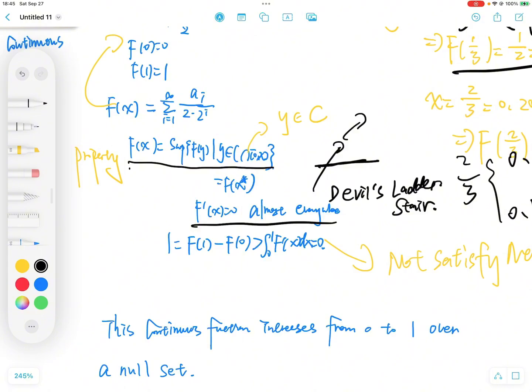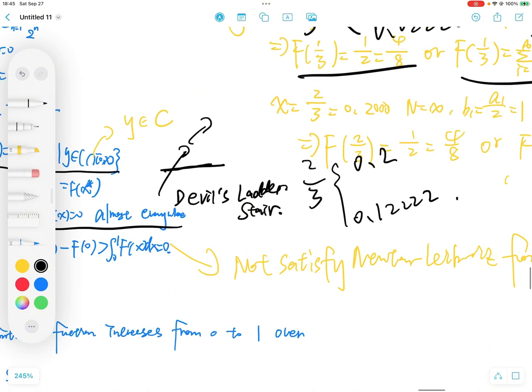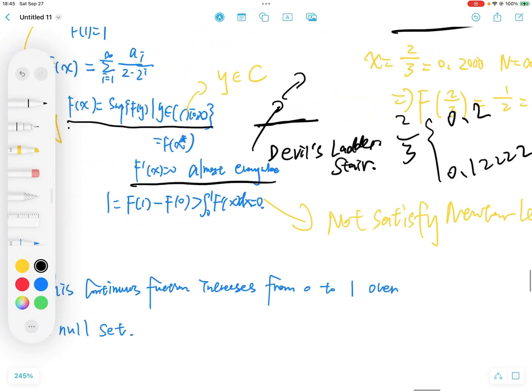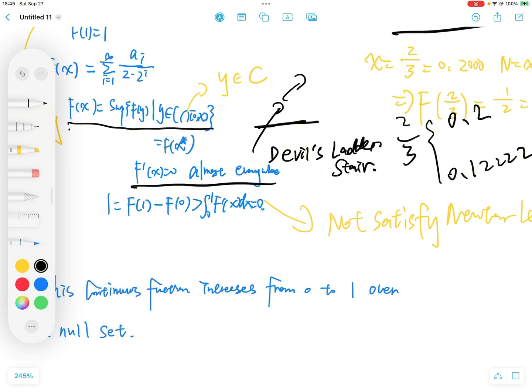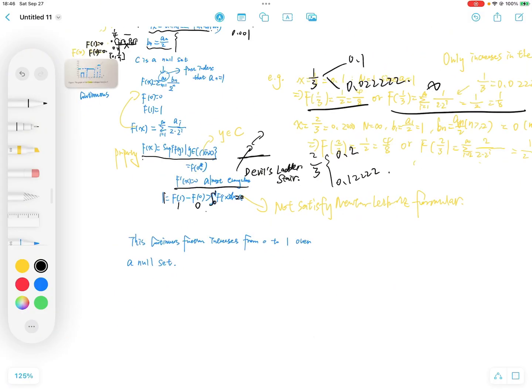Furthermore, it doesn't satisfy the Newton-Leibniz formula, because we know from 0 to 1 the integral of f prime x dx equals 0, but f(1) equals 1 and f(0) equals 0, so they are not the same. It's very interesting.